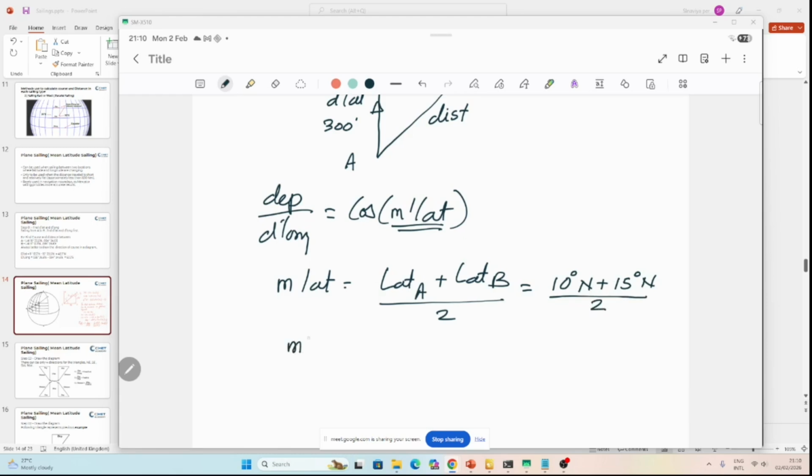So your mean lat is going to be 12.5 degrees north, or we can say 12 degrees 30 minutes north.